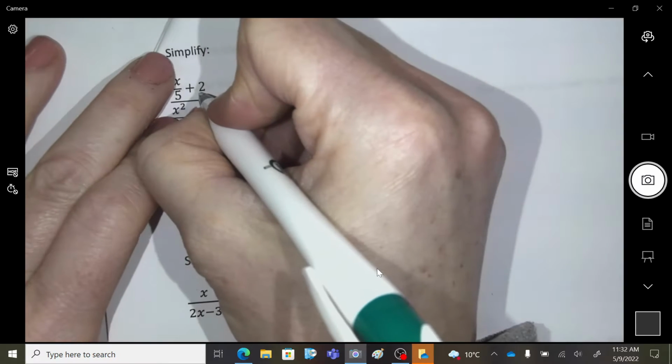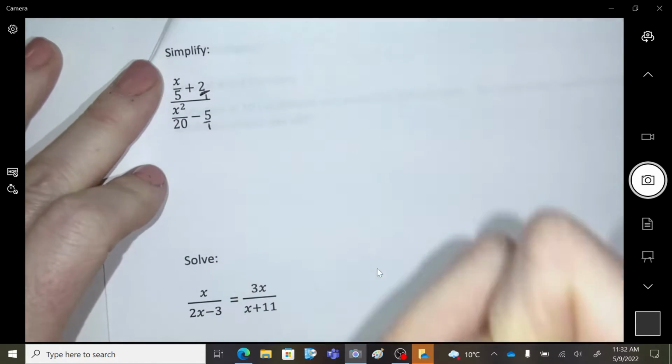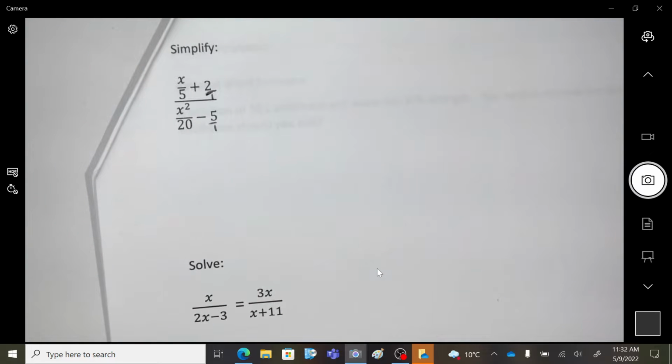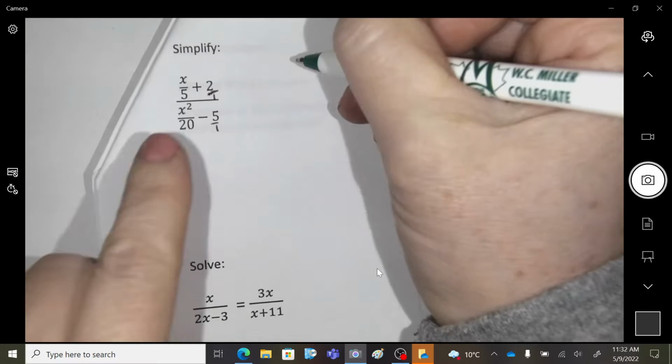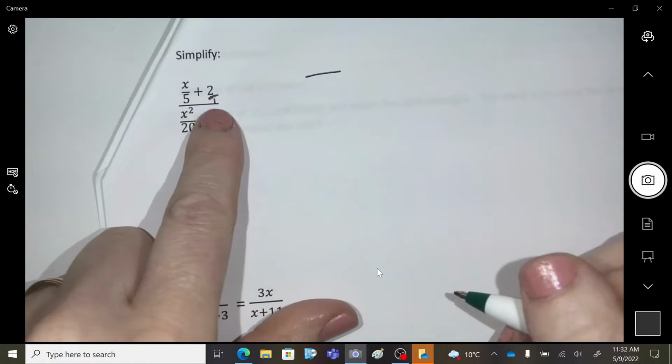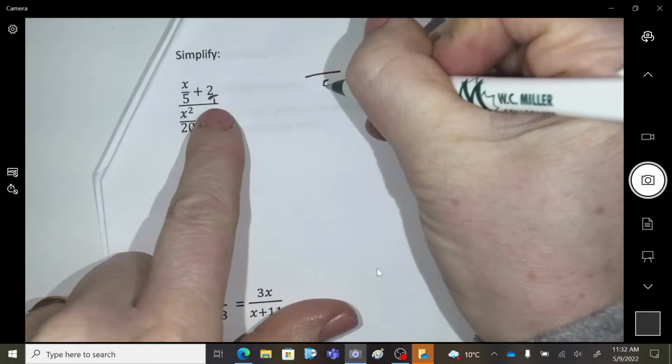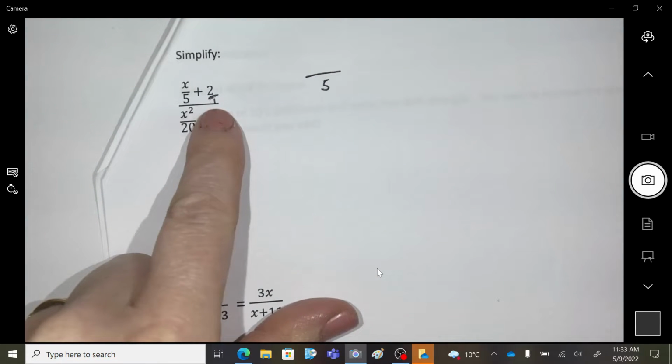Okay, on this I'm going to write over 1, just so that matching everything up is a little bit easier. So this bottom of 5 and this bottom of 1, I'm going to need to have a 5.